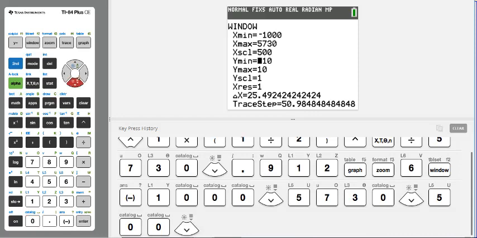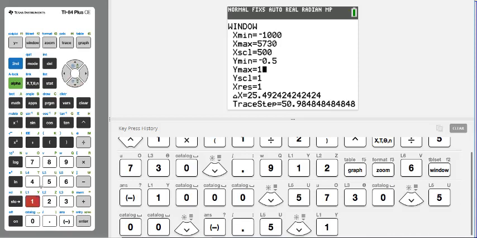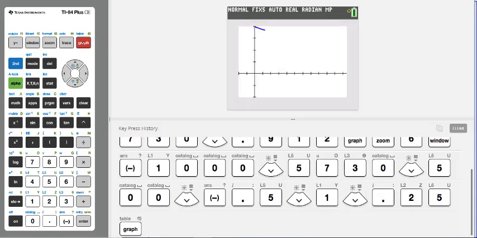Now, the outputs are going to be from 1 down to 0. So let's think about this. So it needs to be, we could say, negative 0.5, and we could say really 1 if we want to. And then we could step it by 0.25, and then let's just hit graph. See what happens. All right, so that gave us 5,730 years. That's what I put it out for on the x-axis, really.